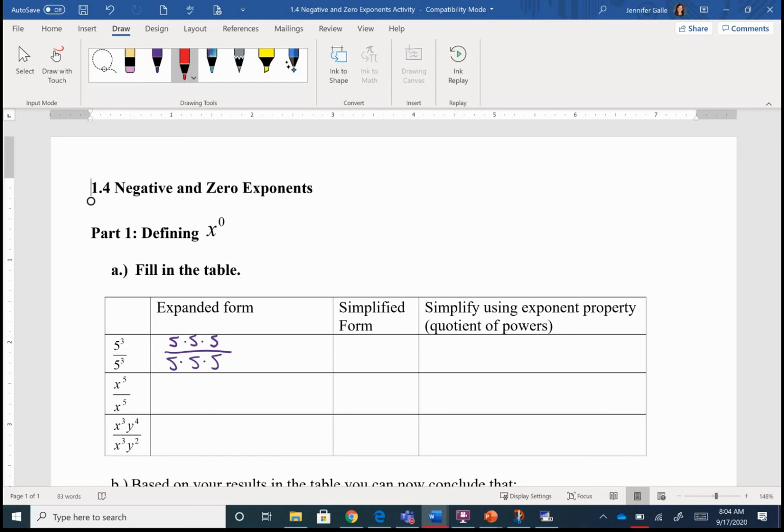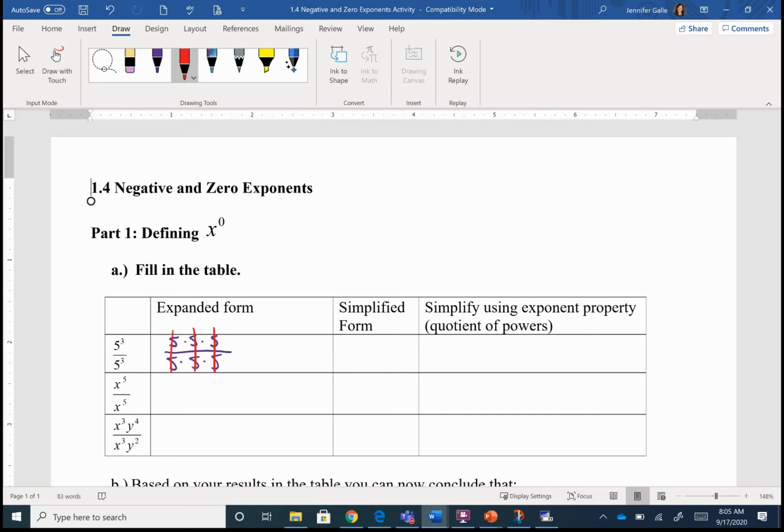What's going to happen with those 5s when we simplify? What's going to happen, Sam? They are all being multiplied right now, but what's going to happen when we simplify? This pair of 5 simplifies. Careful, you have 1.